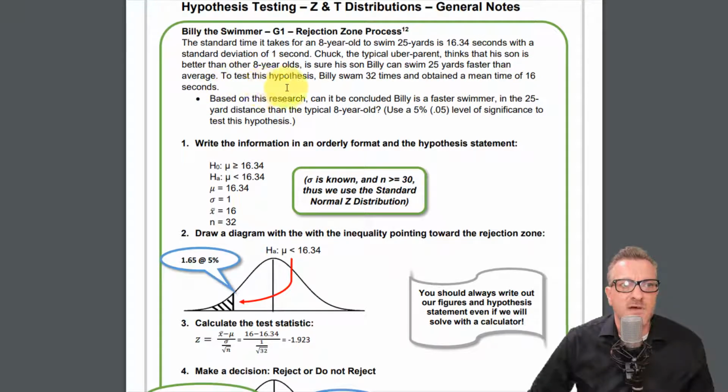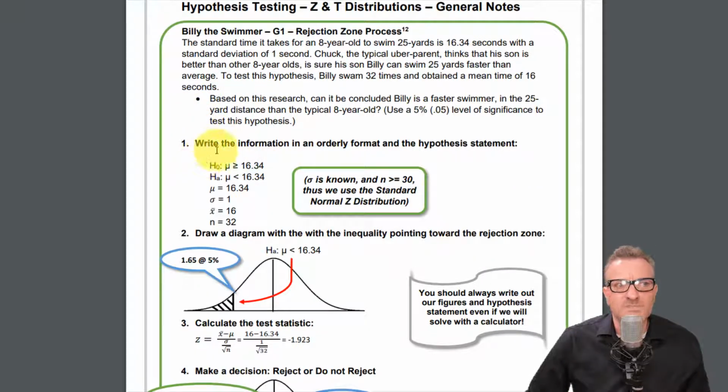To test his hypothesis, Billy swam 32 times and obtained a mean time of 16 seconds. Based on this research, can it be concluded Billy is a faster swimmer in the 25-yard distance than the typical 8-year-old? Use a 5% level of significance to test this hypothesis.